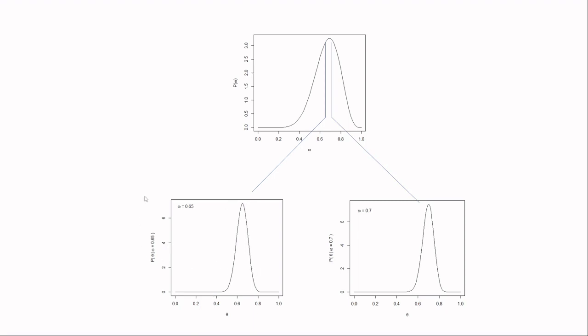Now you might say, okay, why do we want to do this? Even if they're from subgroups, if we can also have a probability distribution for the complete population, why don't we just pool them all together and only use this pooled model?